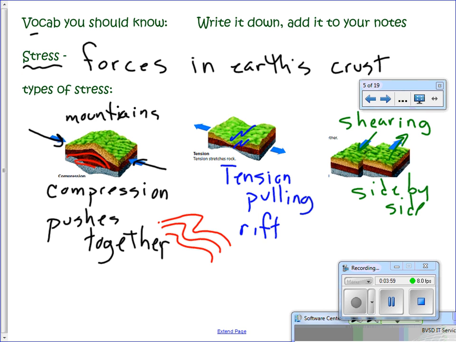We'll use a color we can see here. What's going to happen here is you're sometimes going to get a sort of tearing in the crust. If you put your hands side by side and move them back and forth, one against the other, that's kind of what's happening. Sometimes the two are moving opposite directions, sometimes one's still and one's moving.